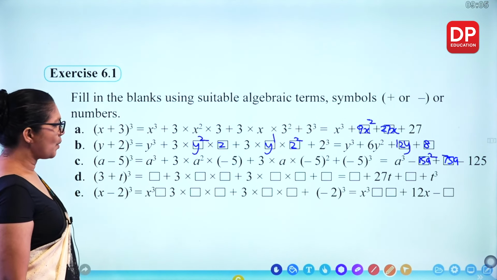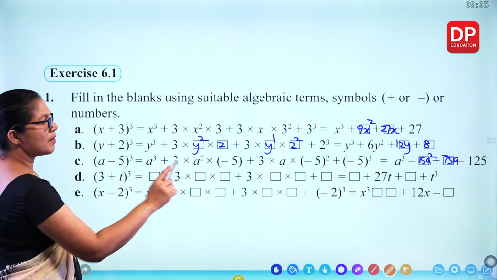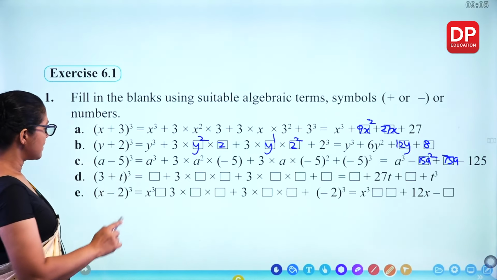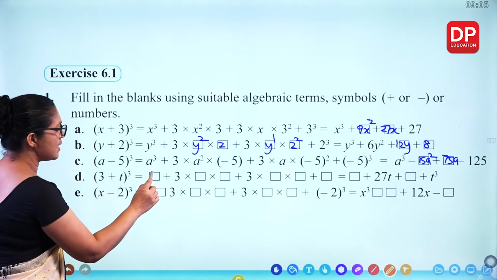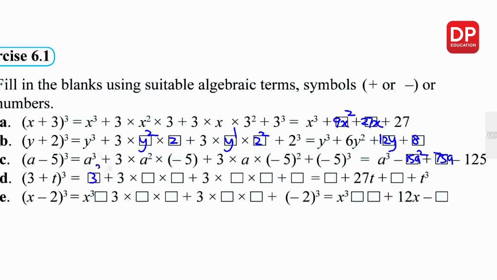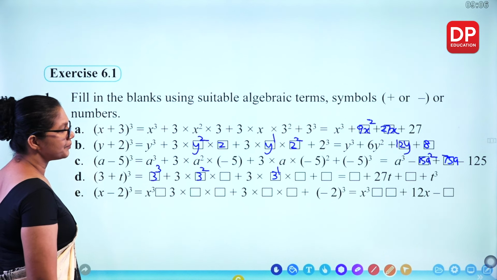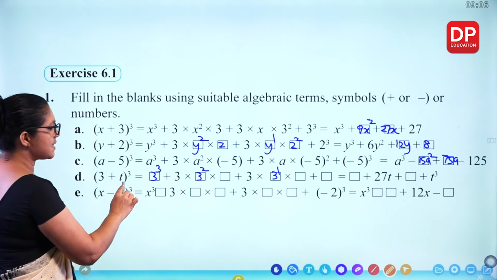Now look at this one. Lot of missing terms. So we'll start from here. First one is power 3. So 3 to the power 3. So what happens to the power 3? It reduces. 3 to the power 2, 3 to the power 1. And the second term is t.